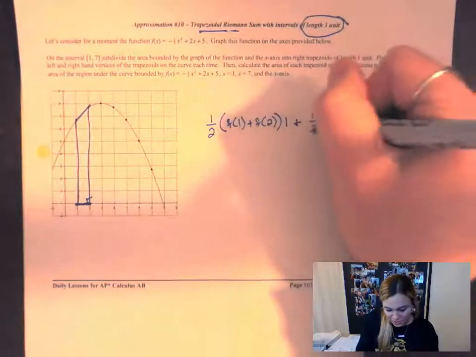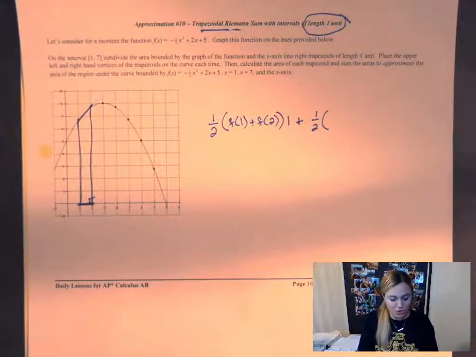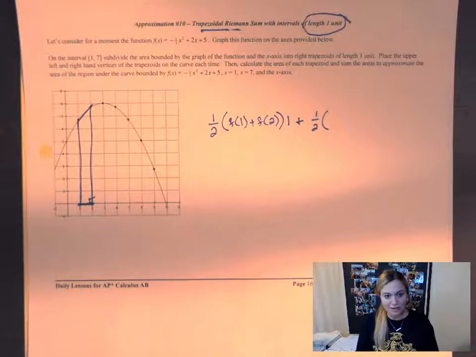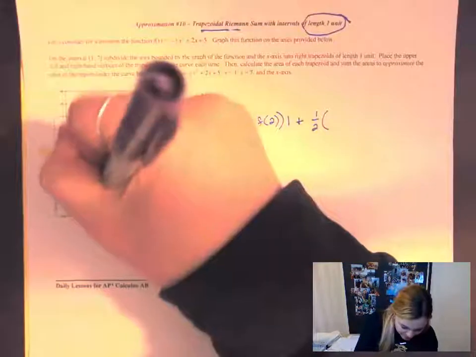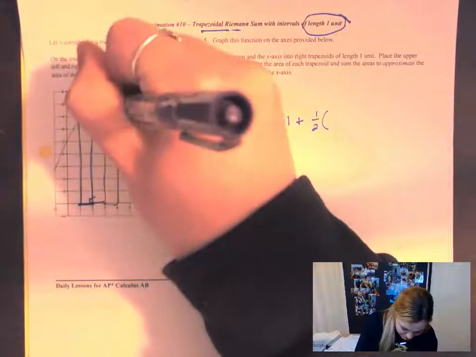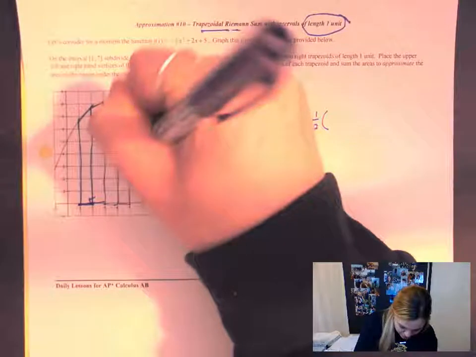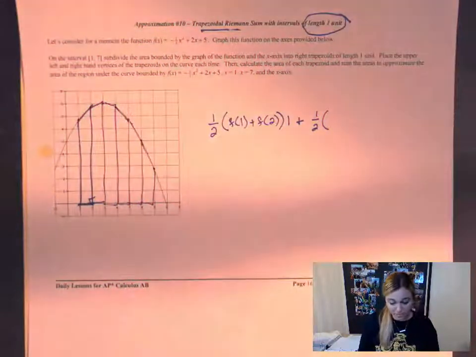Do the next thing, 1/2. Base 1 plus base 2. So go through and draw the other ones or do it one at a time, whatever you need. I'm going to draw them in first. That looks really great.